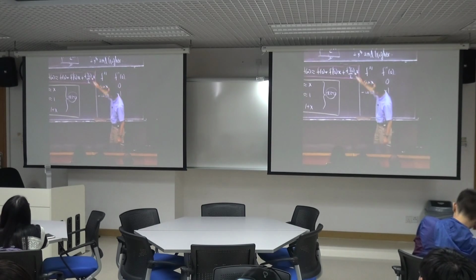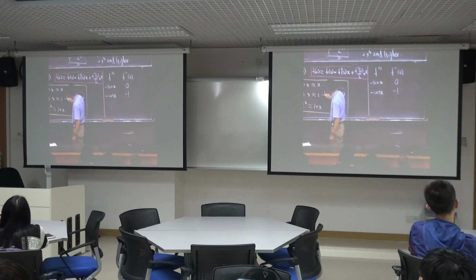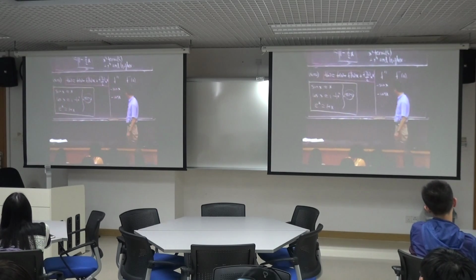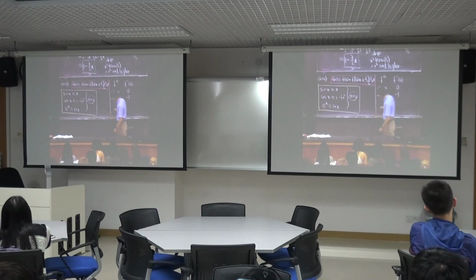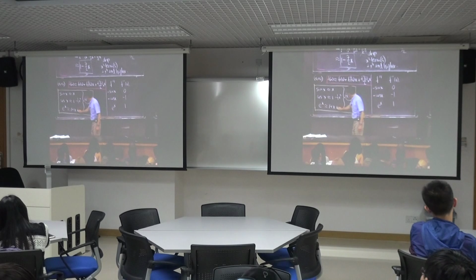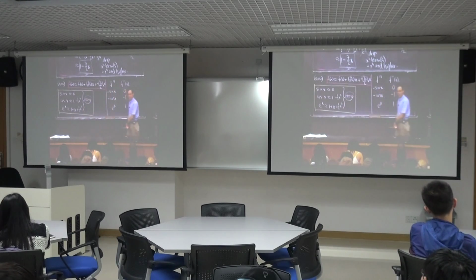So I need a minus a half x squared. Right? And if you do it for the e to the x, you get an e to the x, and you get a 1, and so you get a plus a half x squared. All right?